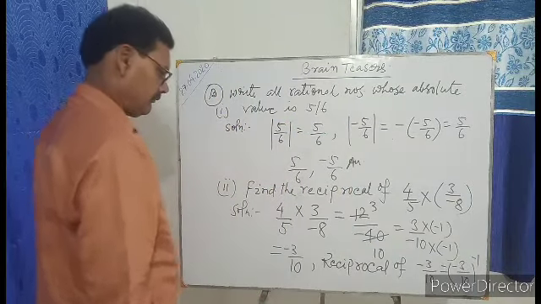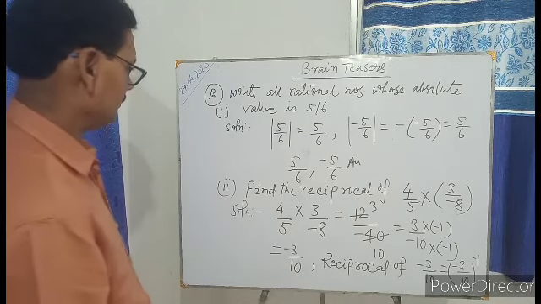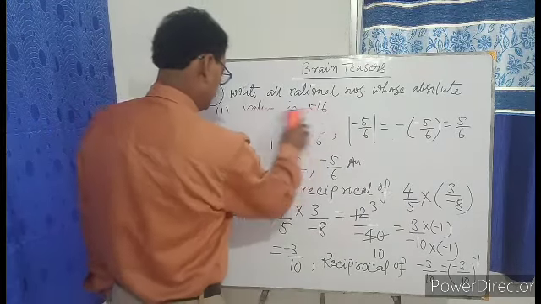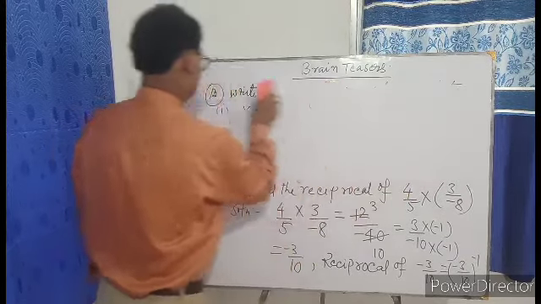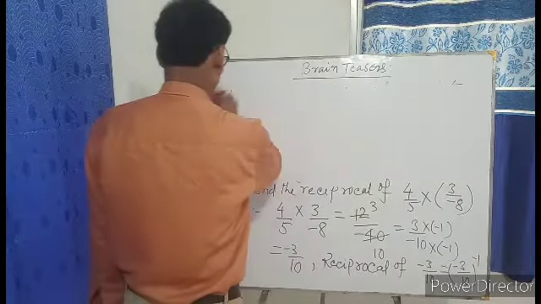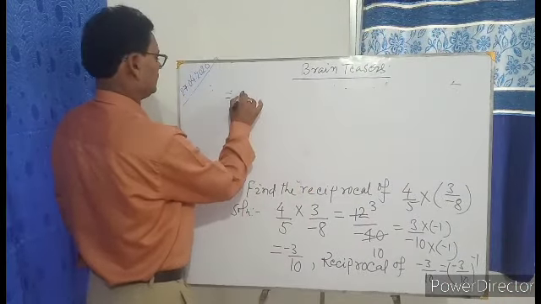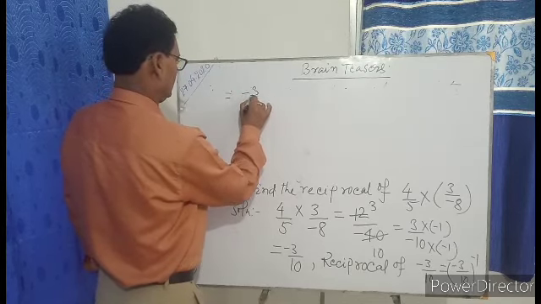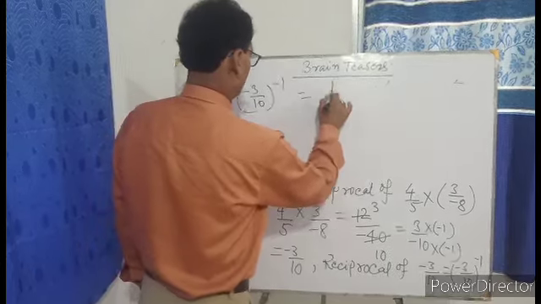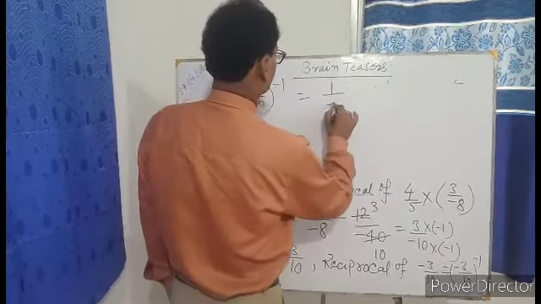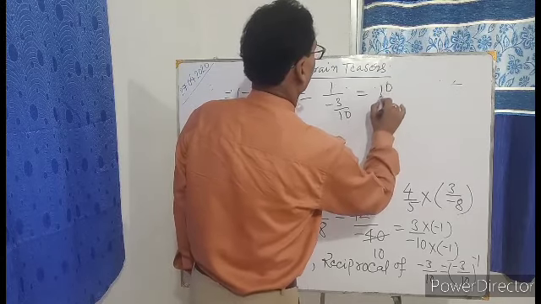This will give you 1 upon minus 3 by 10, and this will give you 10 by minus 3.